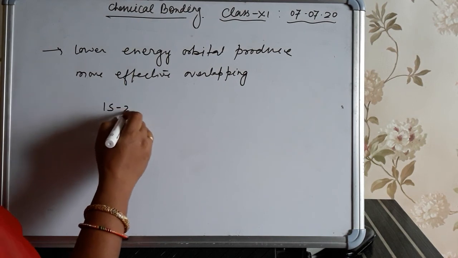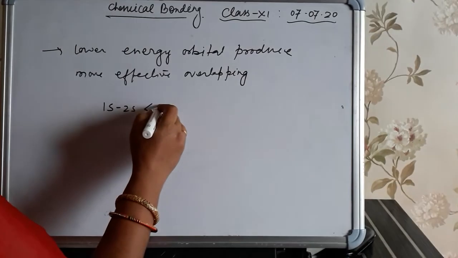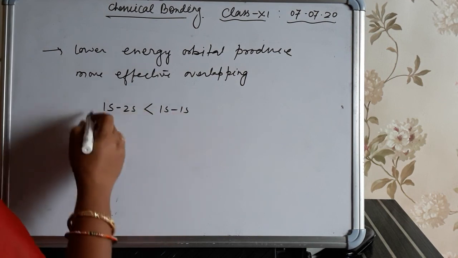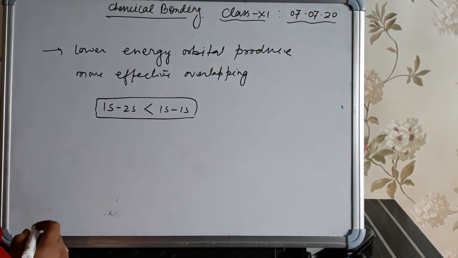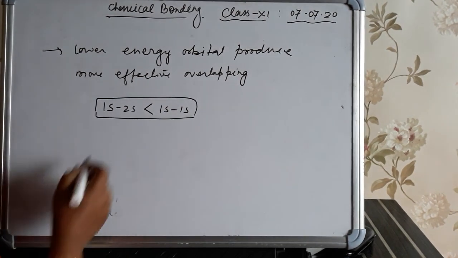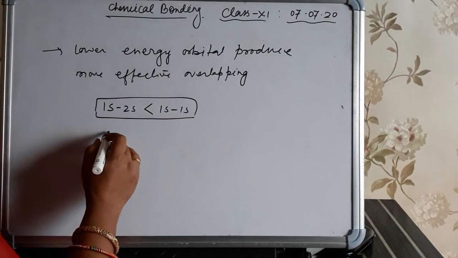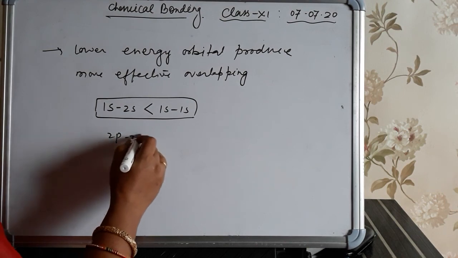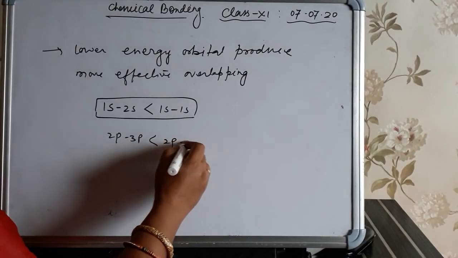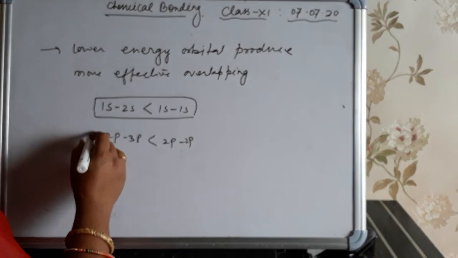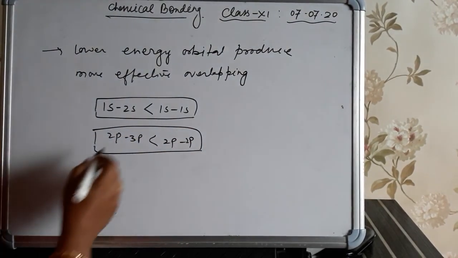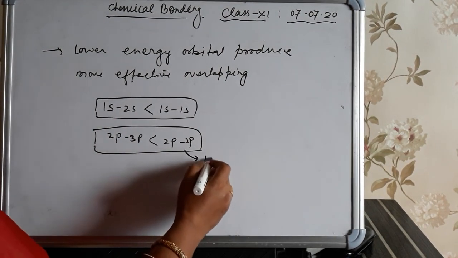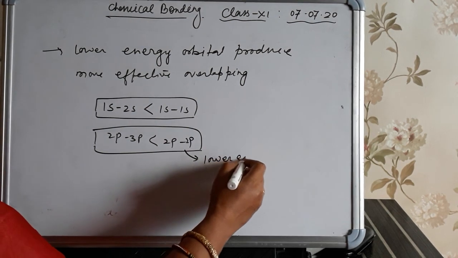Means if 1s and 1s undergo overlapping, it is more effective than 1s and 2s, like 2p and 3p. And in 2p and 2p, more effective overlapping takes place in comparison to 2p and 3p because it has lower energy.